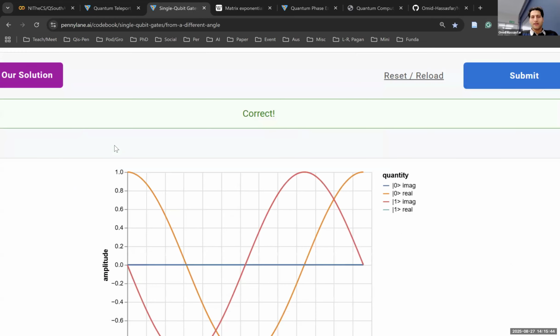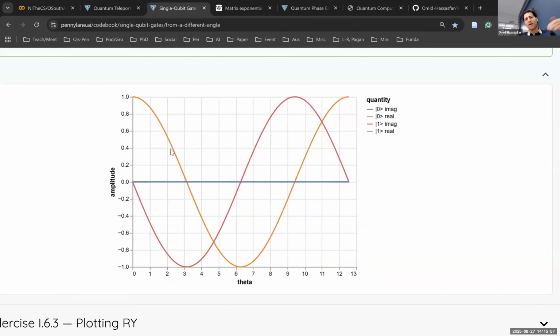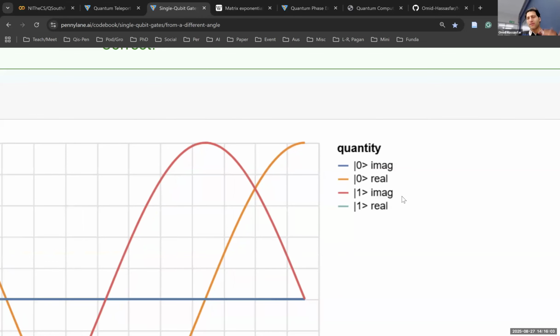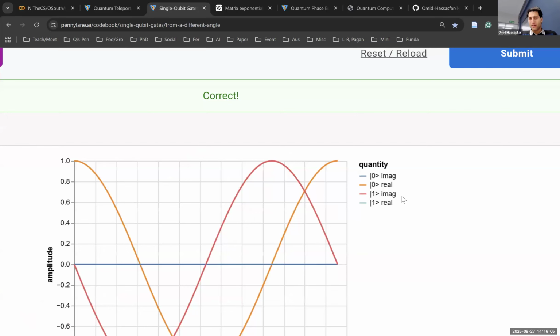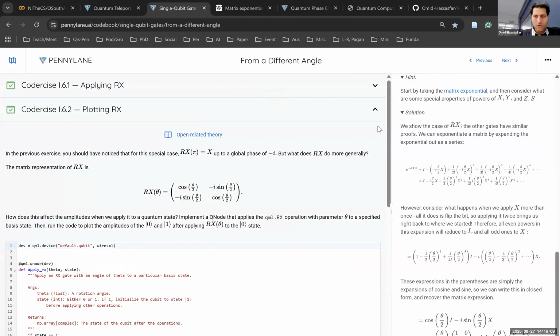This is the amplitude, and based on the theta you have, it goes from 0 to probably 2 pi. Then you can check what happens to the imaginary and real parts of the amplitudes of 0 and 1 if you apply this rotation. Okay, that's good, but that's not what I wanted to show you.